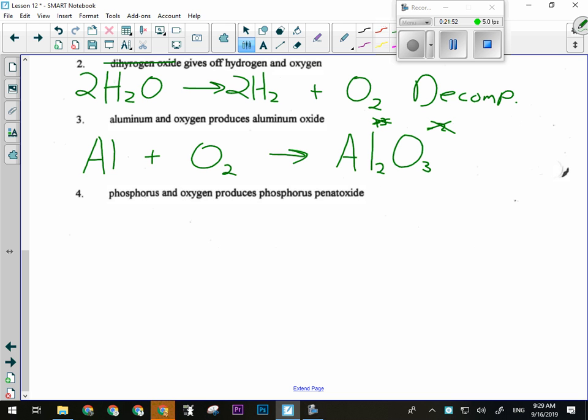Okay, that's how you're going to balance things. So if I put a 2 here, that'll give me 6 oxygens on this side. And then I have to put a 3 here. That gives me my 6 oxygens. How many aluminum do I have? 4. So that's what the key should show, because that's done correctly. The key shows AlO3, which is not right. Okay? Yeah, that's not the right formula.